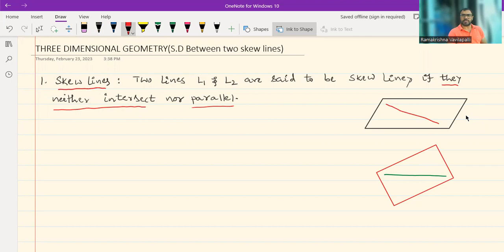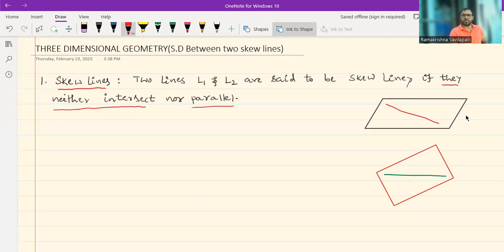They do not intersect, and they are not parallel, which means there is no chance that these two lines lie on the same plane. So they must lie on different planes. You can think of it like in your house: one line on the ceiling, another line on the floor. These two are skew lines.